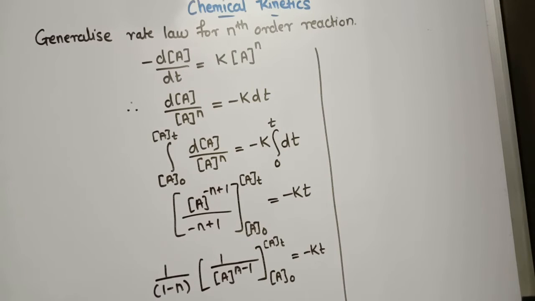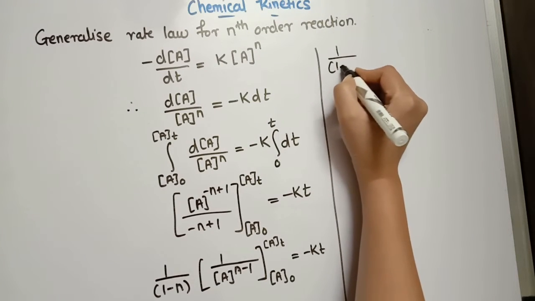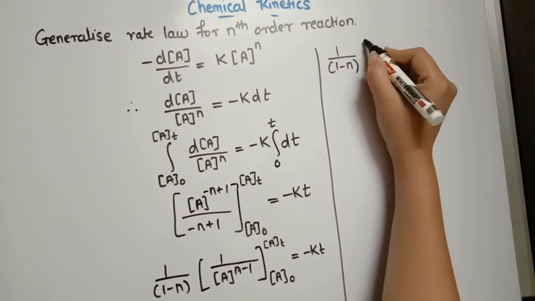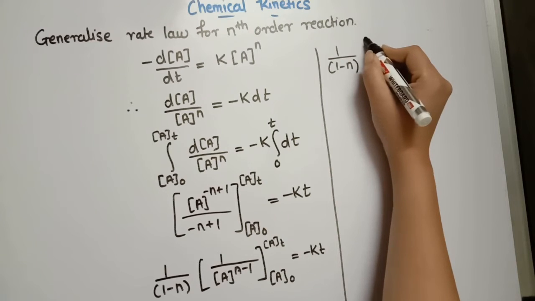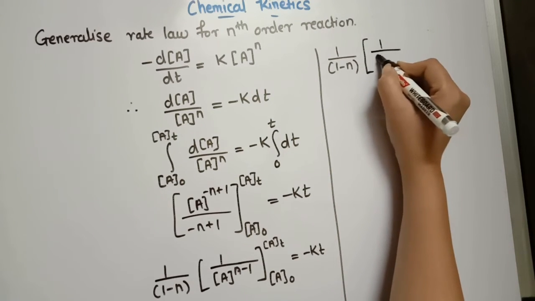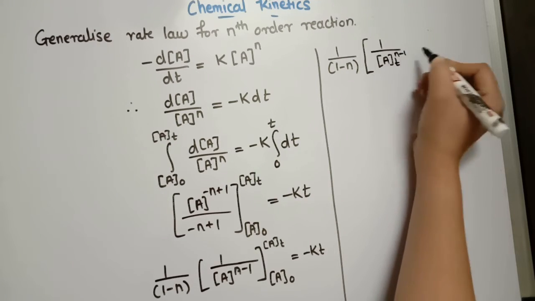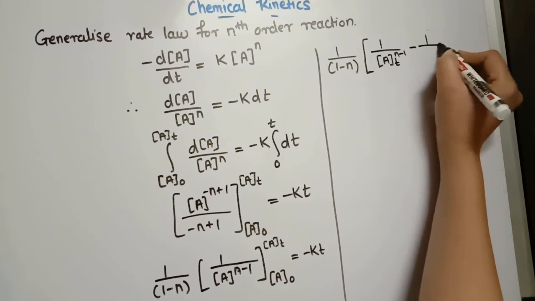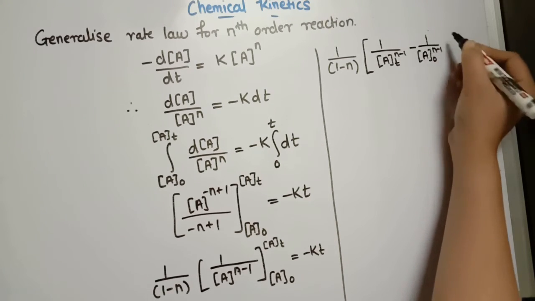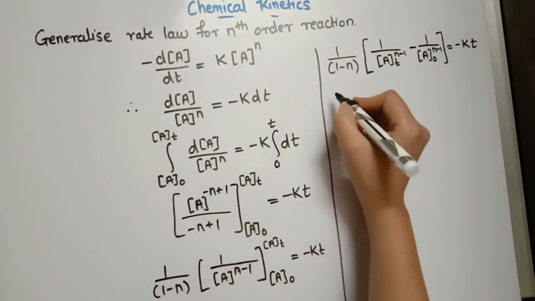Now this 1 upon 1 minus n, giving the integration limits, 1 upon At raised to n minus 1 minus 1 upon A naught raised to n minus 1, which is equal to minus kt.